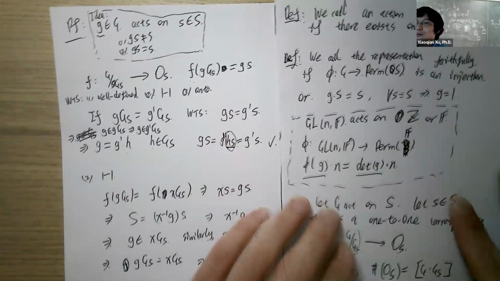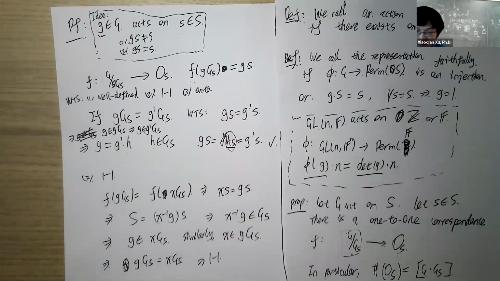So it's one-to-one, and it is also onto. Why is it onto? It is onto for sure. This is actually a very easy thing to check.